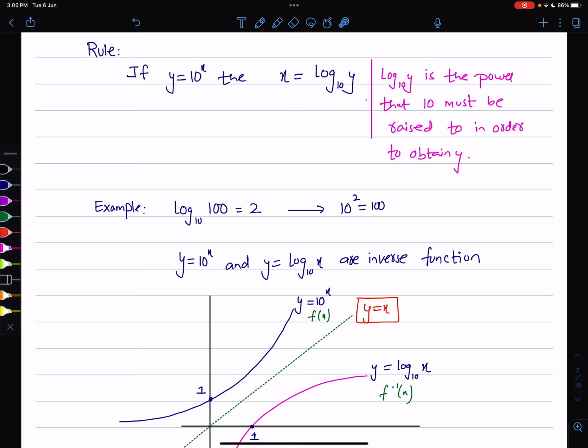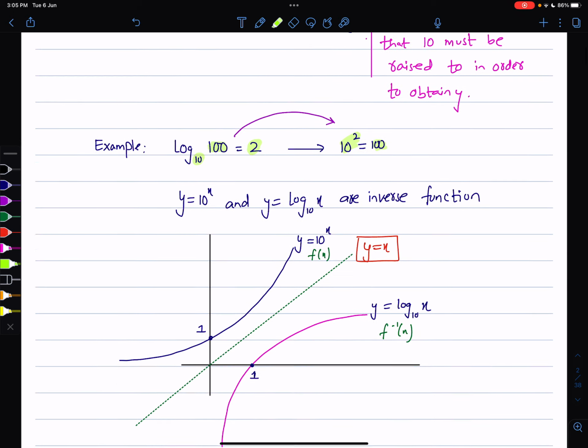So I can say that log 10 of y is the power that 10 must be raised to in order to obtain y. For example, log to the base 10 of 100 is equal to 2. So if I want to convert from this log form to the exponential form, the base is 10. 10 must be raised to the power of 2 and the answer is going to be equal to 100.